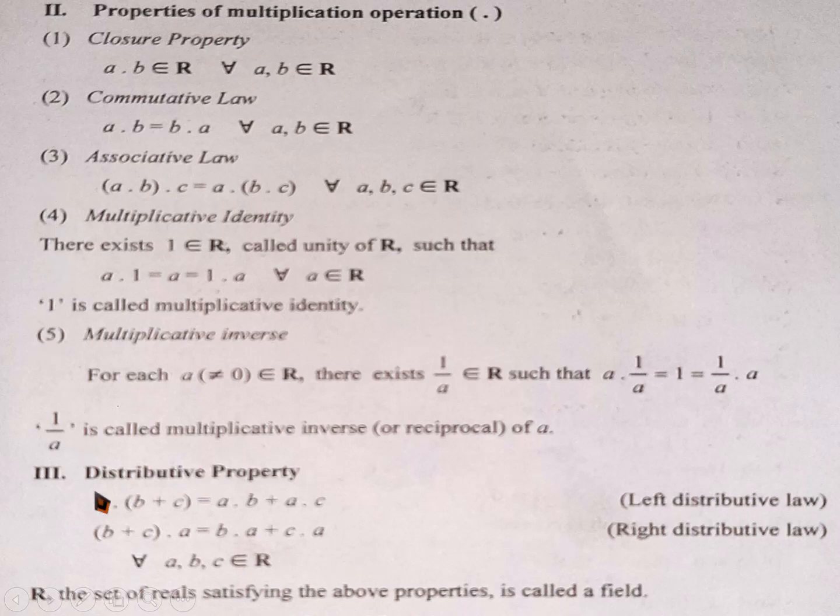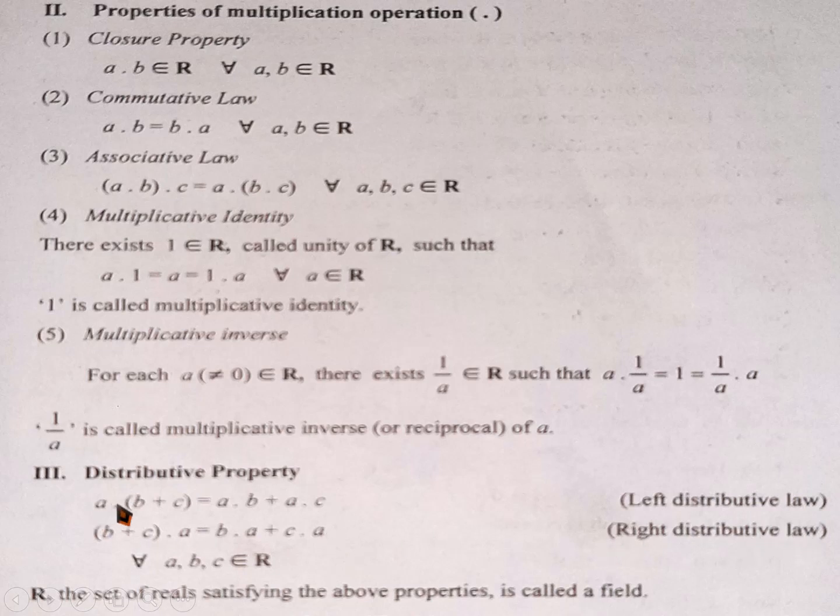And here is one more: the distributive property. Sometimes we say that multiplication is distributive over addition. The first law is called the left distributive law, and the second law is called the right distributive law.